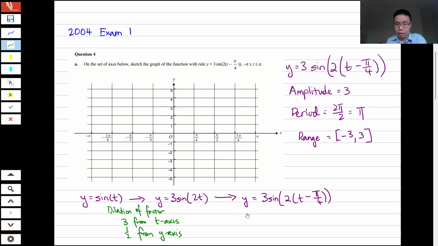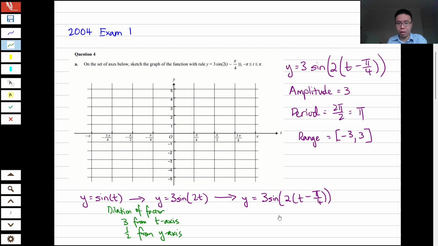And then here's where we have to be a little bit careful. When you look at this minus, you might think, oh, it's going to decrease the t value. But remember, f of t minus h represents a translation h units to the right.